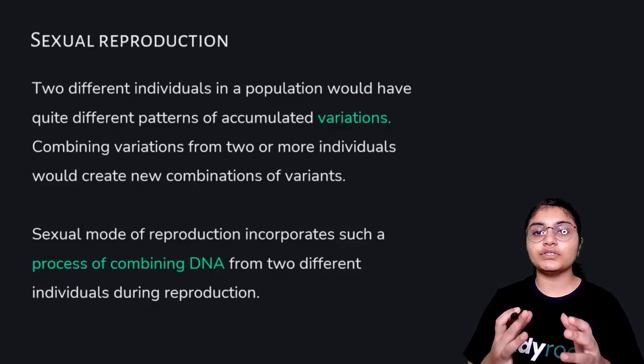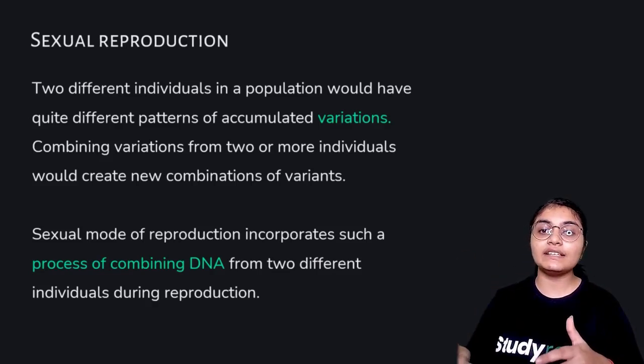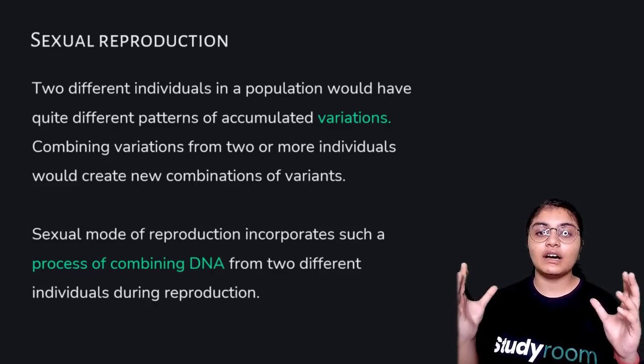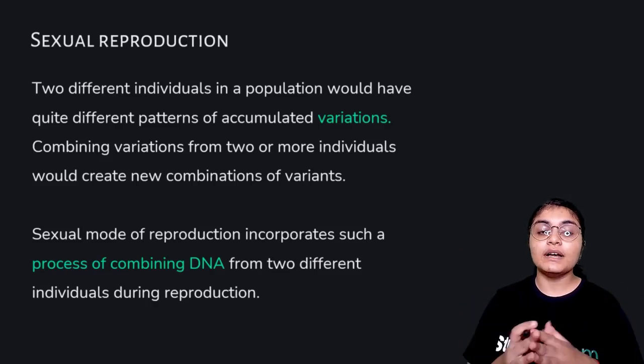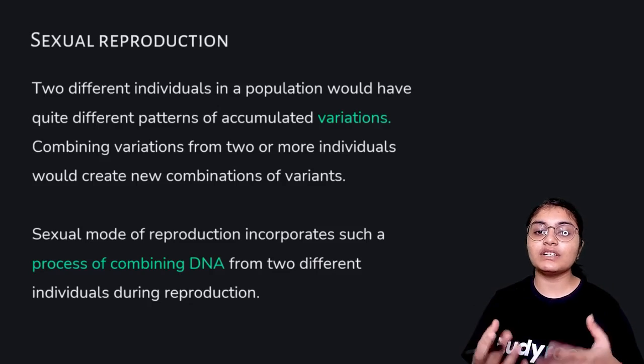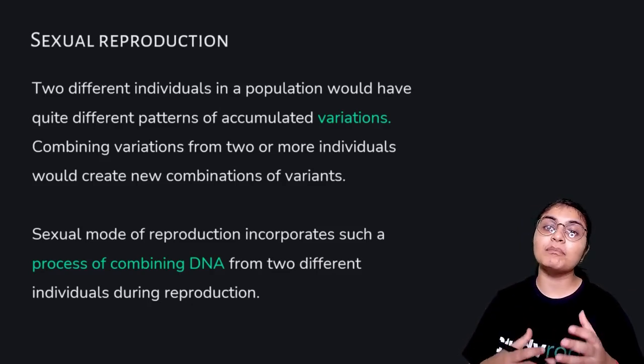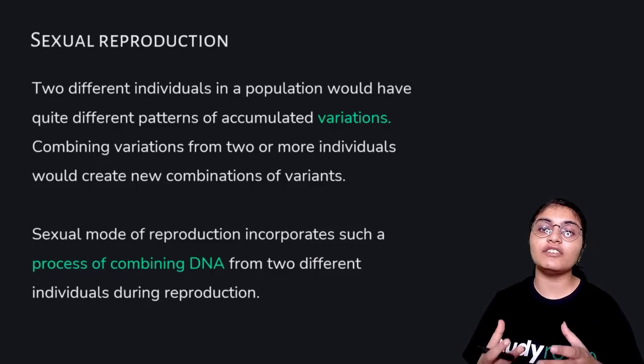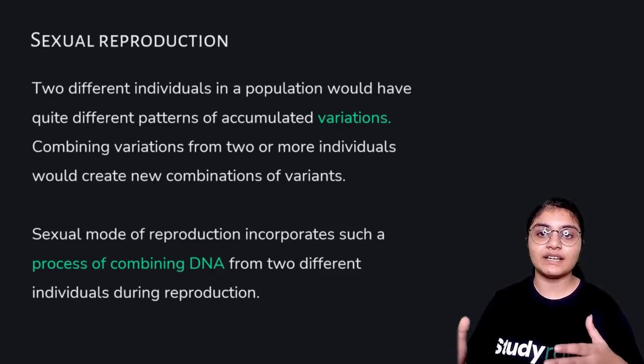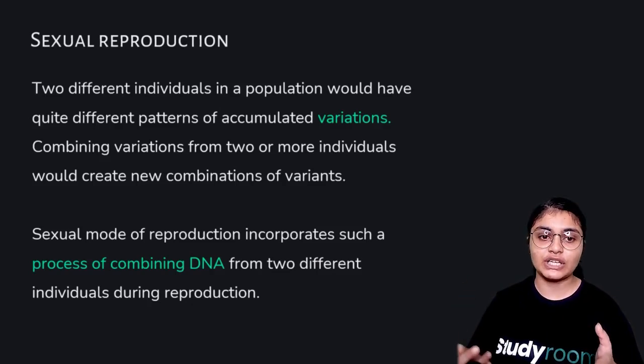So the new individual will have a new combination of variants inherited from the two different parent organisms, right? Sexual reproduction incorporates such a process of combining DNA from two different individuals during reproduction, which is not present in the asexual mode of reproduction.